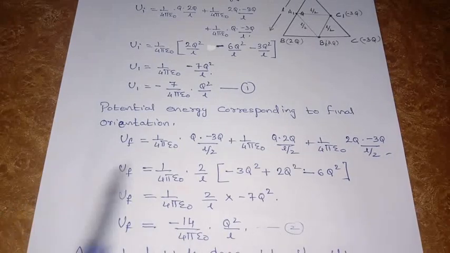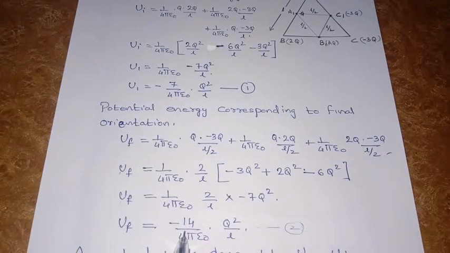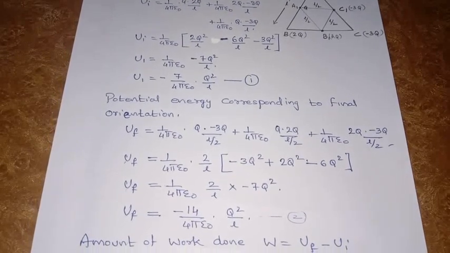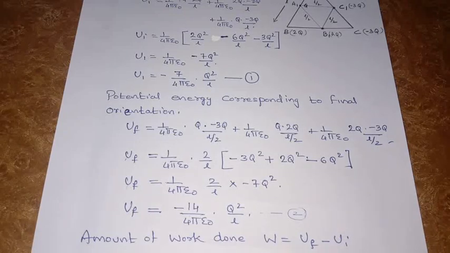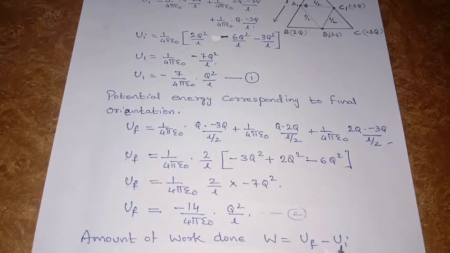So we got initial potential energy, we got final potential energy. So we already studied work done is equal to change in potential energy. So therefore it will be final potential energy minus initial potential energy.